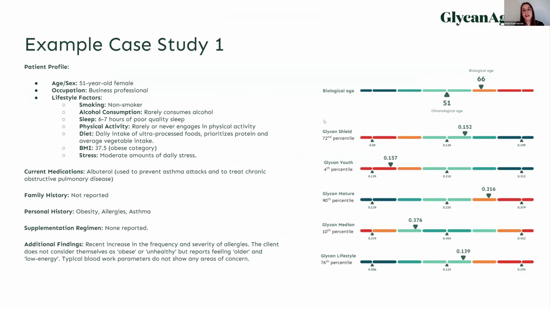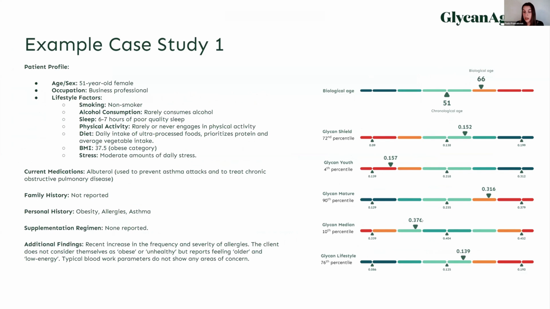These are real clients, and we have the first one. As you can see here at a glance, I really love this way of representing the glycan indexes right away, even without evaluating the further glycan details about the client. You can see decreases in the glycan youth and increases in the glycan mature, which indicates either a hormonal or a metabolic disturbance.